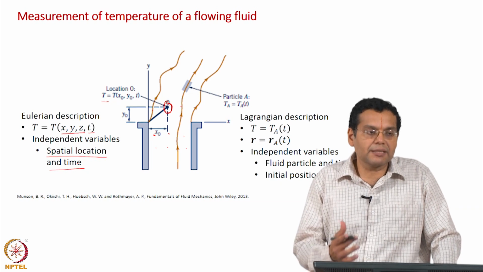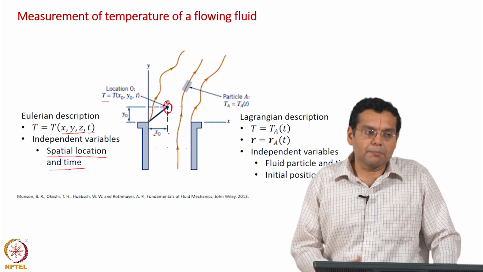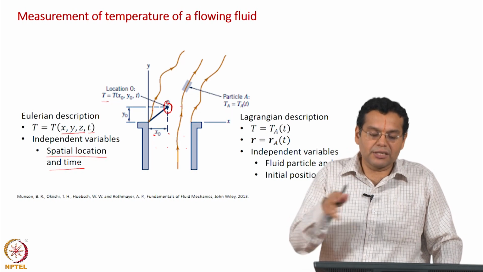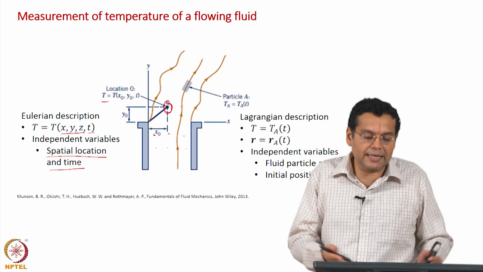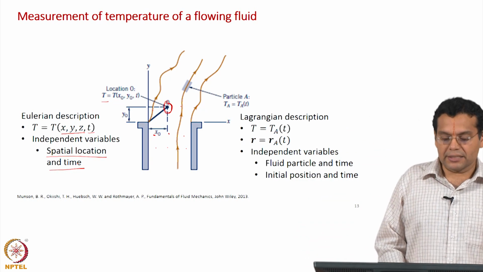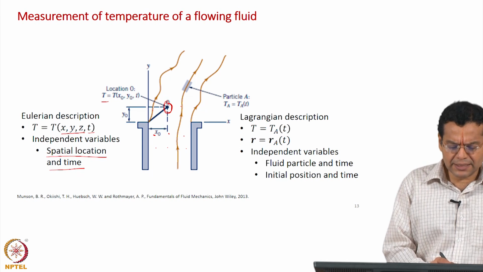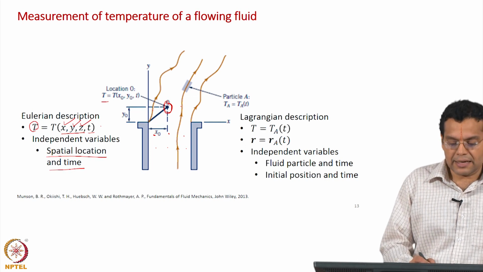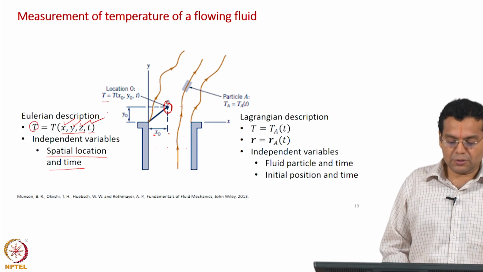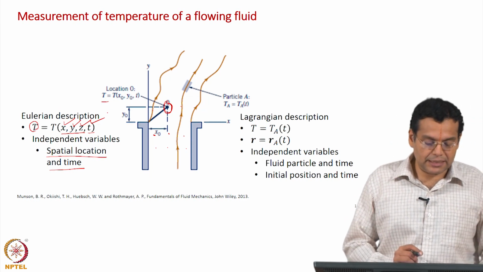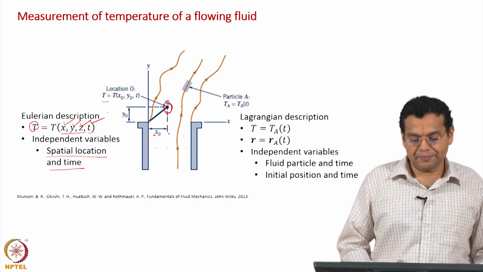You are describing the temperature in this region by making measurements at one spatial location and, of course, at different spatial locations to get the temperature in the entire region, and that is called Eulerian description. We represent the dependent variable temperature in terms of the spatial locations x, y, z and the time as well. So, we should make note that the independent variables are the spatial location and time.